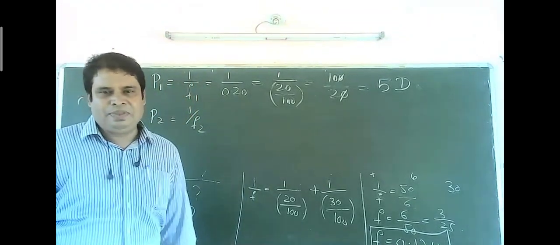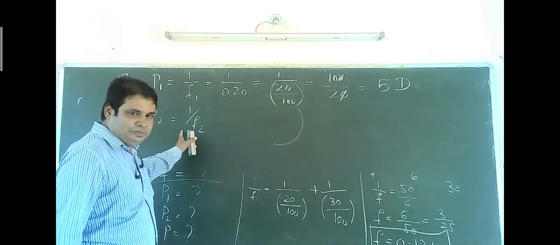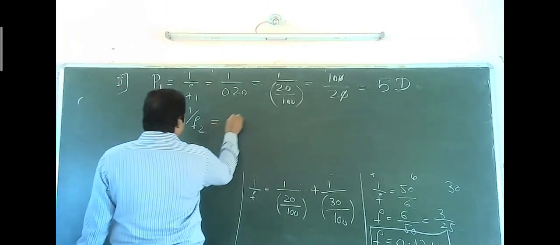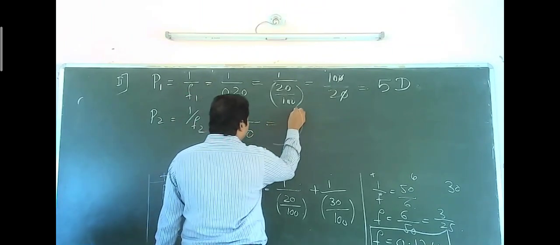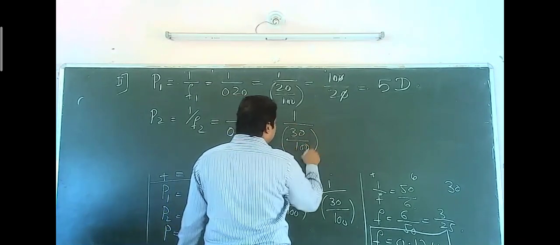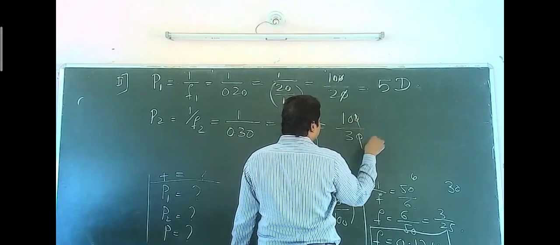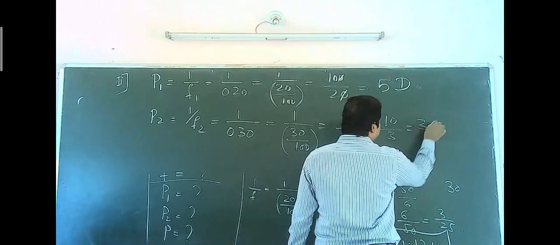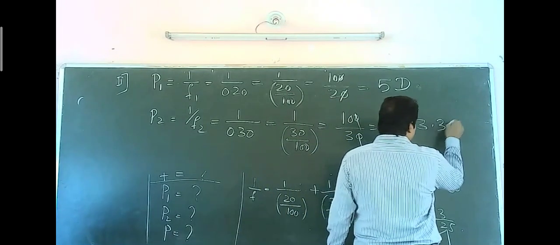That's why there is a formula also in our theory class. 1 divided by 0.30 is equal to 1 divided by 30 by 100, or 100 by 30, which is 3.3333, let's make it 3.34.